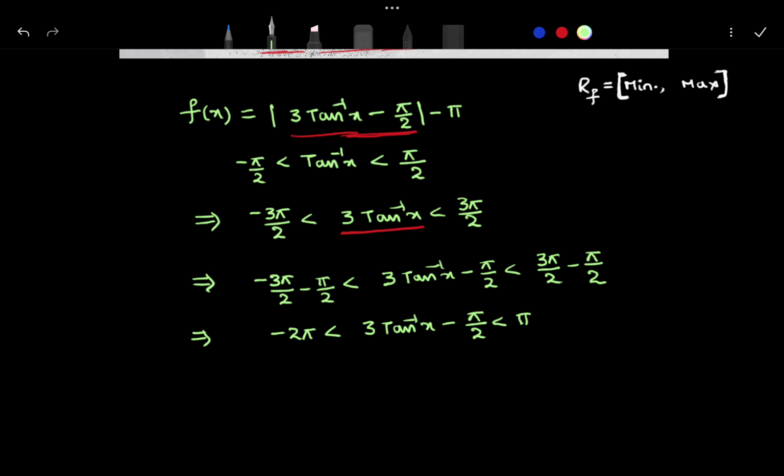Now if you take the modulus, it becomes only positive values, and minus 2 pi becomes plus 2 pi.